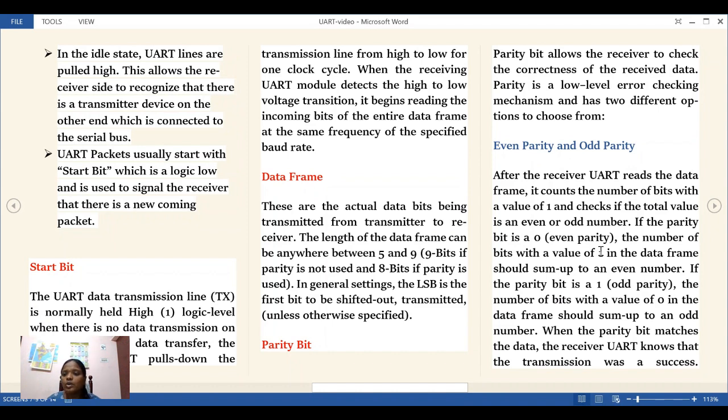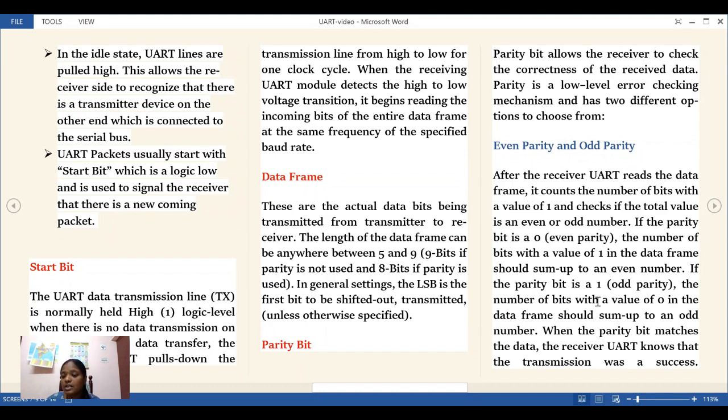So let us see how the UART reads the data frame. The data bits here are 5 to 9 data bits, right? The UART counts only the value of ones in the data. It counts the number of bits with a value of 1 and checks if the total is an even or odd number. If the parity bit is 0, it means even parity: the number of bits with a value of 1 in the data frame should sum up to an even number, right?